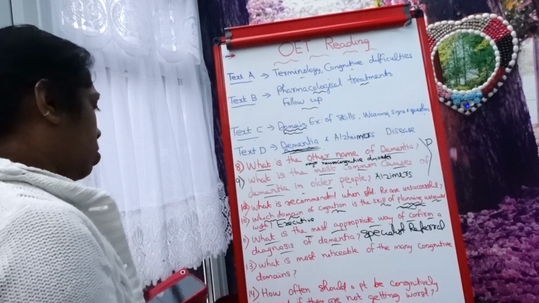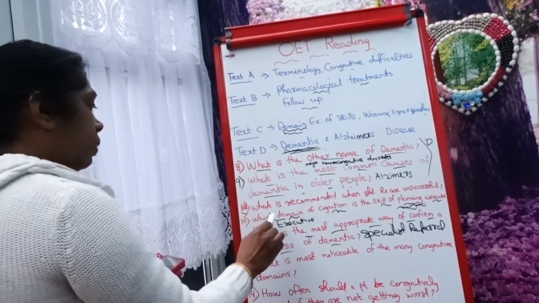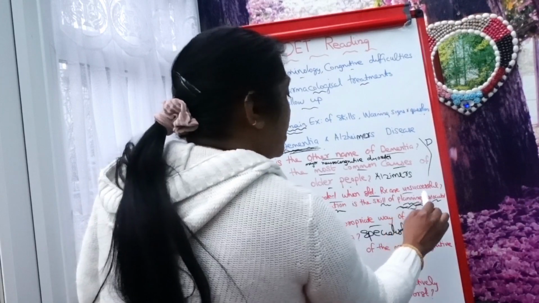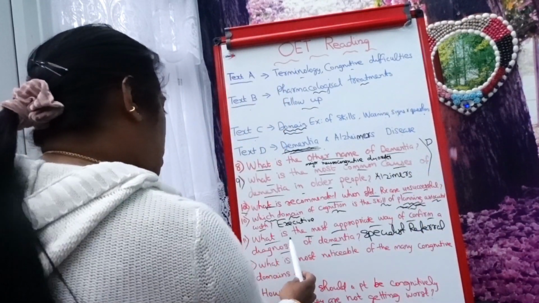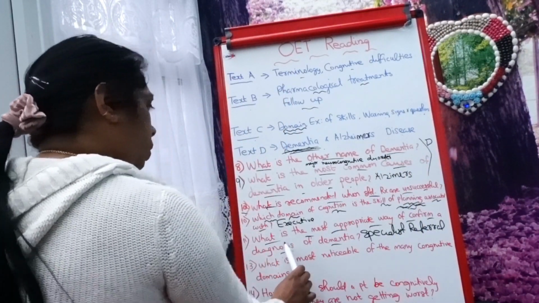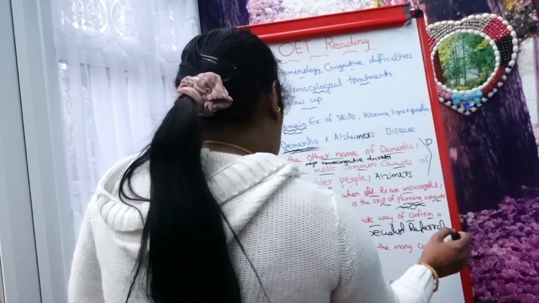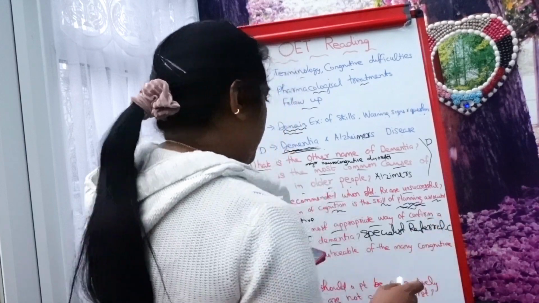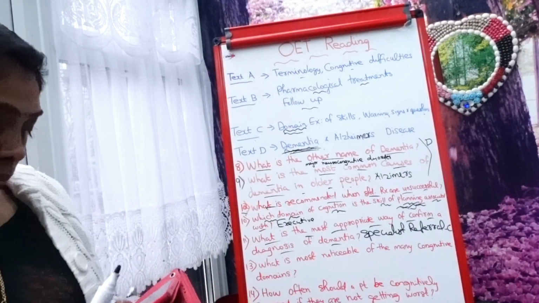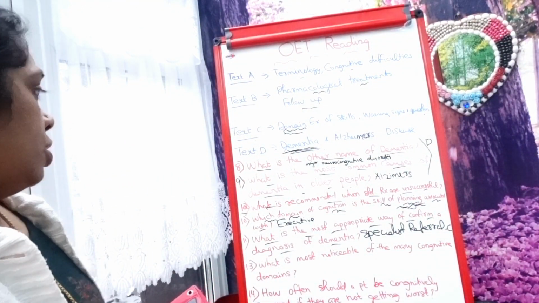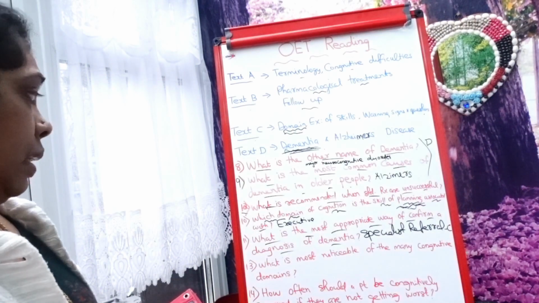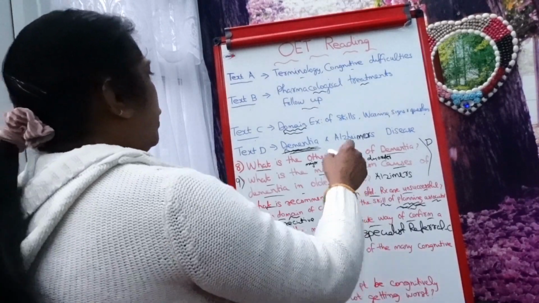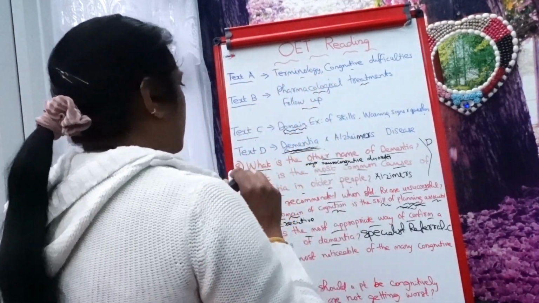Okay, so next go to 12. What is recommended when standard treatment is unsuccessful? This one was in C. Okay, C. So what is the recommended treatment when standard treatment is unsuccessful?